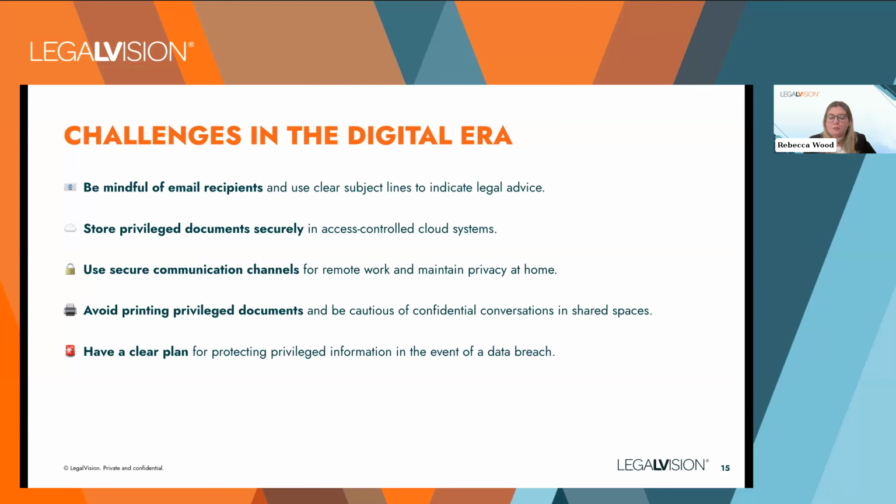So again, that loops back into that education piece about making sure that the people you work with really understand what their obligations are when it comes to privileged information and sharing documents that you might be sending to them. When it comes to your document management systems, for example, if you're operating with a cloud storage system, you want to be making sure that you're using secure and access controlled systems, particularly when it comes to storing privileged documents.